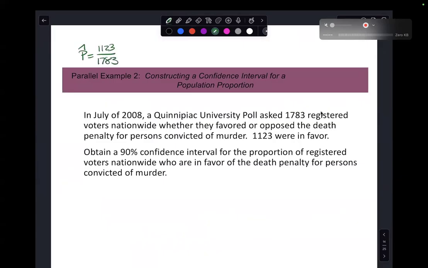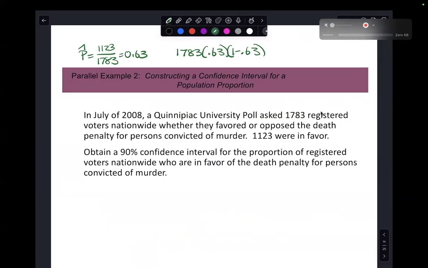I think we've determined that that was 63%. Yeah, 0.63. So what I'm going to do is n is 1,783 times 0.63 times 1 minus 0.63. And all I need to determine is that that's greater than or equal to 10.